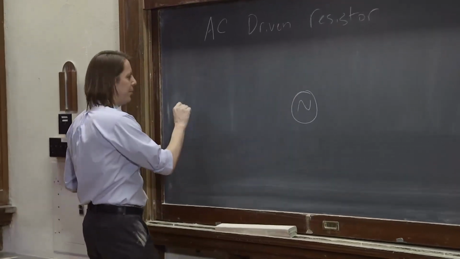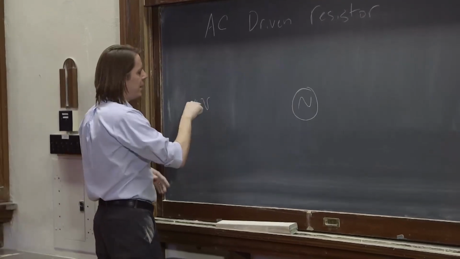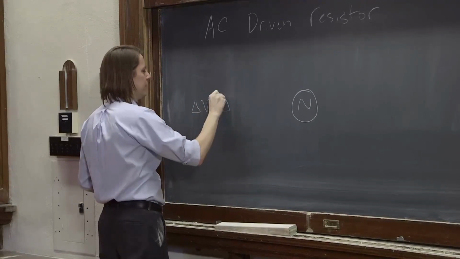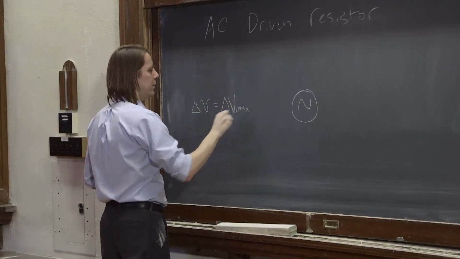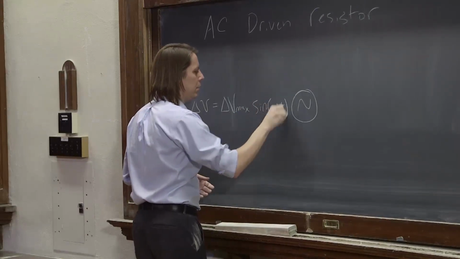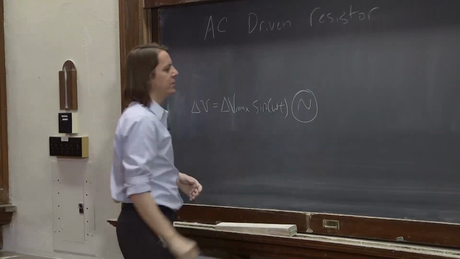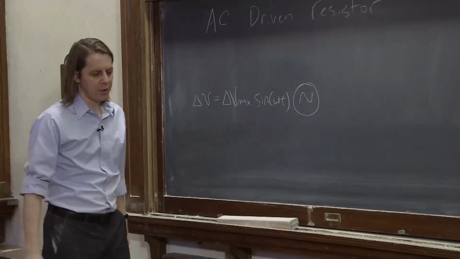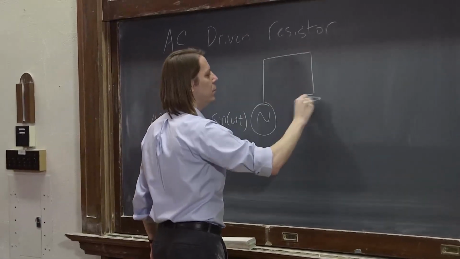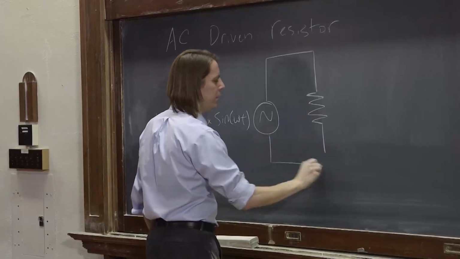We might describe it like this. Delta V, where the little script V means it's a function of time, is delta V max, the constant amplitude, times the sine of omega t, some oscillation. That might be what's coming out of this power supply. And then it goes up and to a resistor.